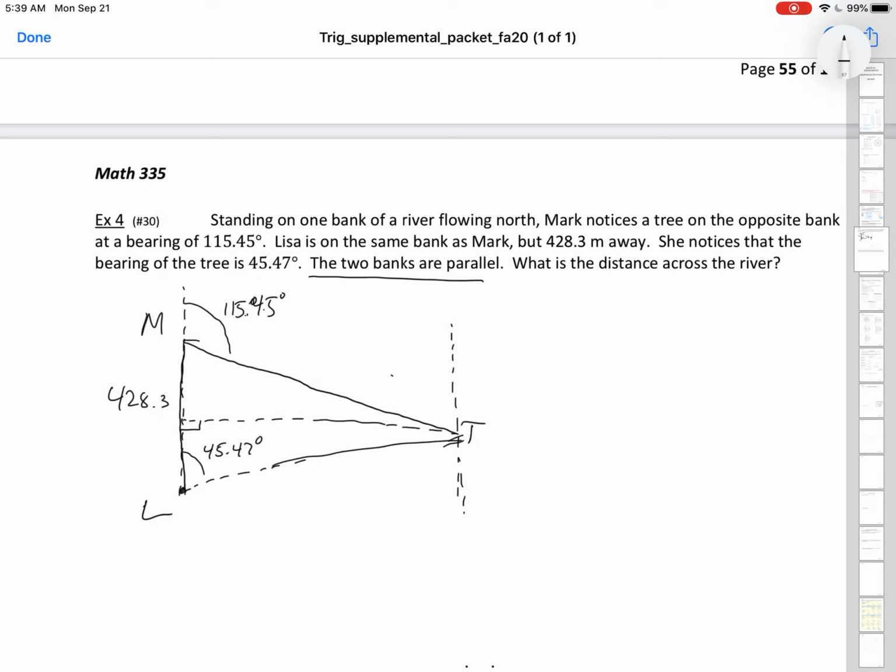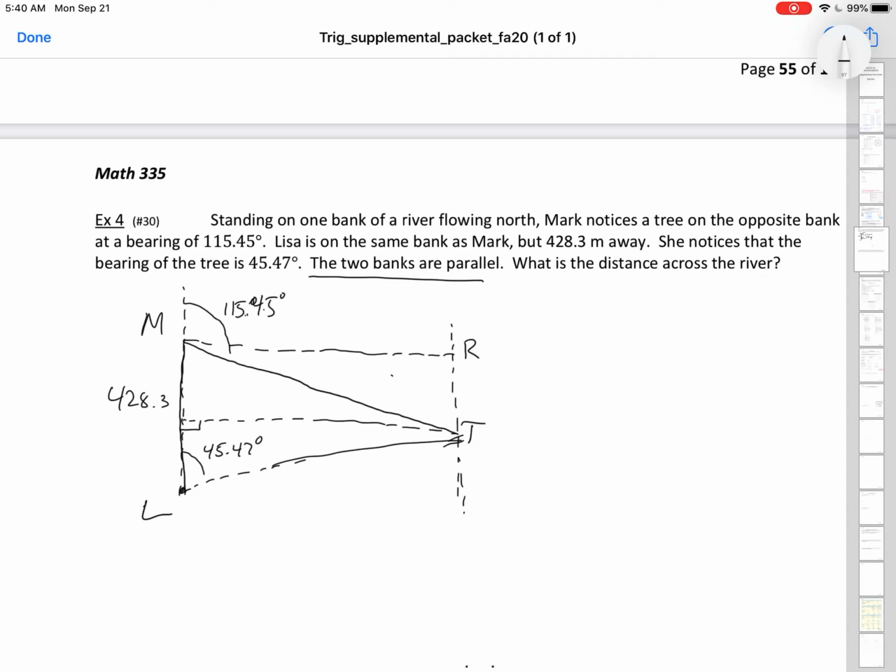We could go off of the straight distance from Mark and use a right triangle over there. It really just depends upon what your mindset is. I decided to just do the straight across distance from Mark. I don't know if that's the best decision in the world. Could totally have worked some other way.